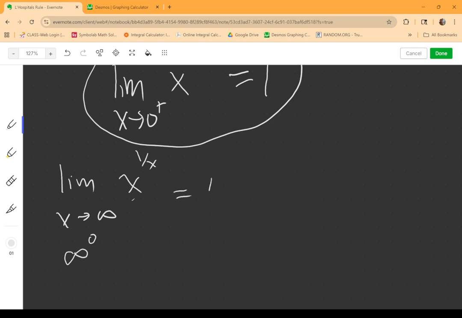And I'm going to start off the same way. I set it equal to L and take the natural log of both sides.